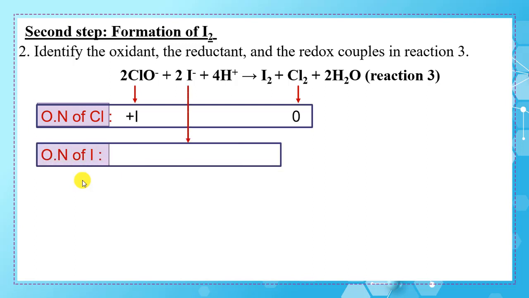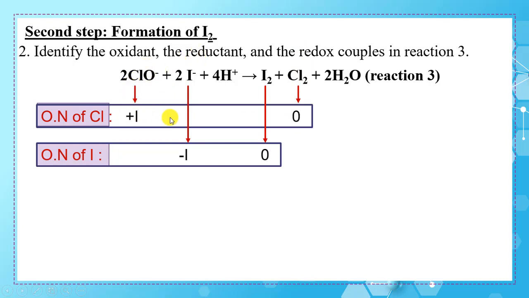The oxidation number of I is -1, and that in I2 is 0. So we can notice here a change in the oxidation number of Cl and I. The oxidation numbers of oxygen and hydrogen remain the same in the reactants and in the products.